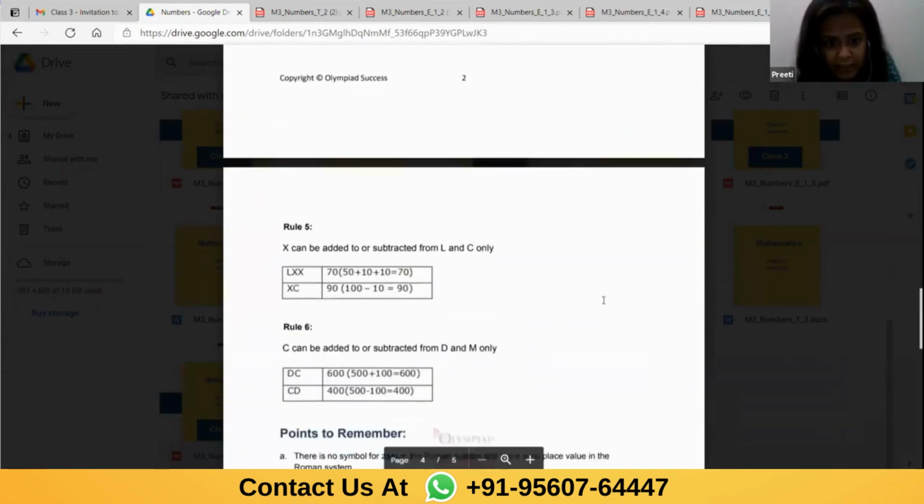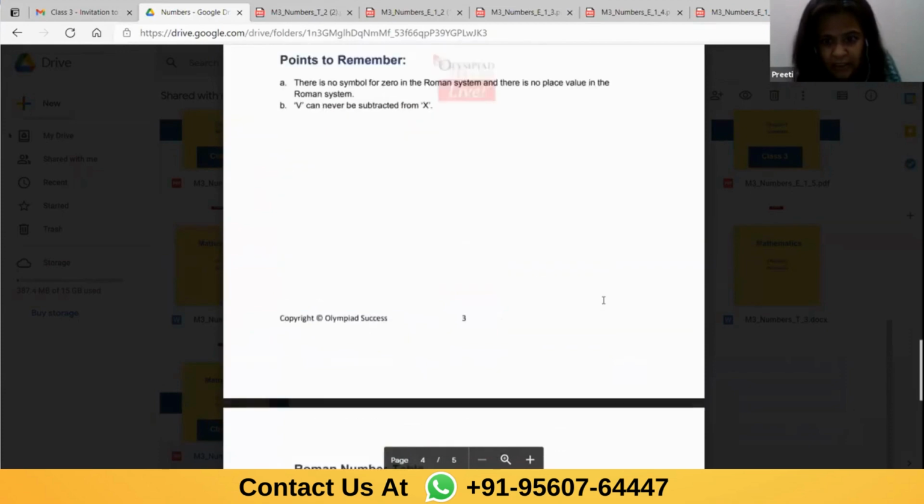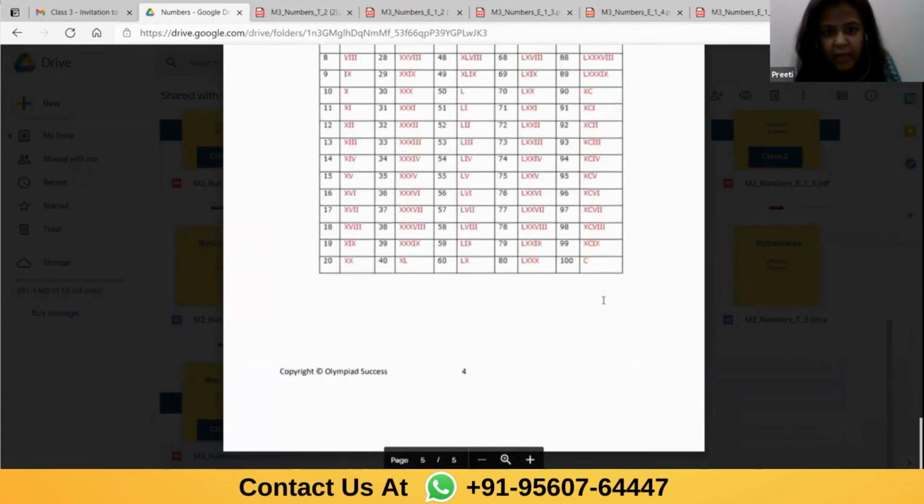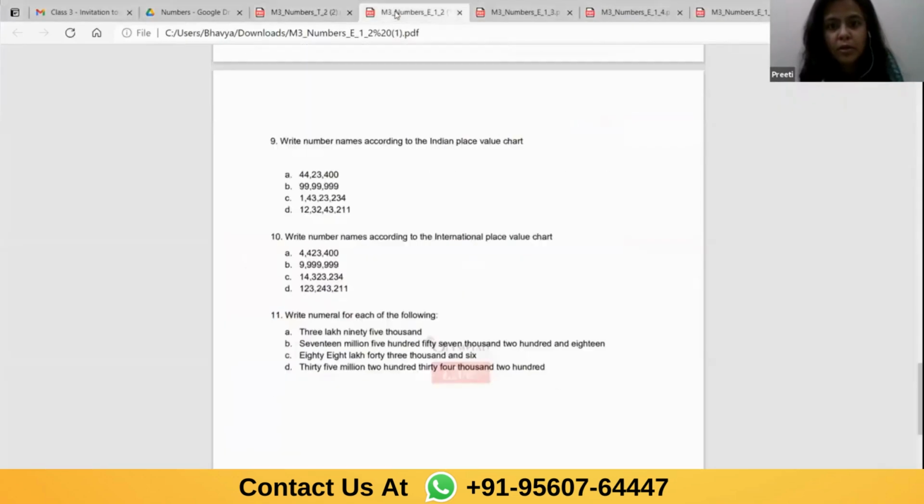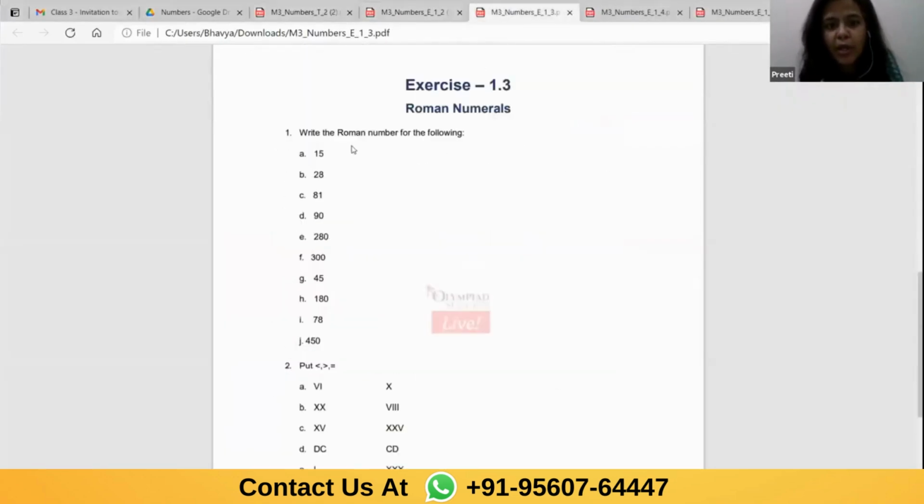No, here it says... It is not in this one, I was looking at some other sheet wherein that thing was missing or the error was there. Okay, what is the Roman number for 15? Abdul, Roman number for 15, quick.